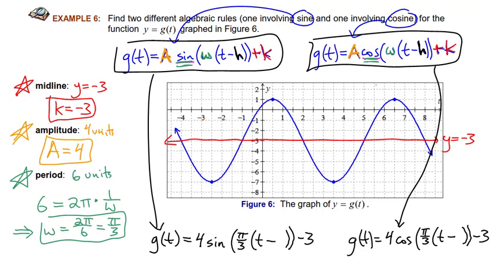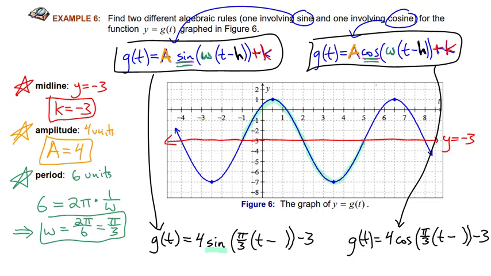When we're trying to find a formula that involves sine, we'll want to think in terms of sine waves, which start at the midline and come up out of the midline. So we'll want to find a place in our graph of g of t where the function is crossing through the midline and coming up out of the midline. One example of a spot for that would be here, looking at this wave.